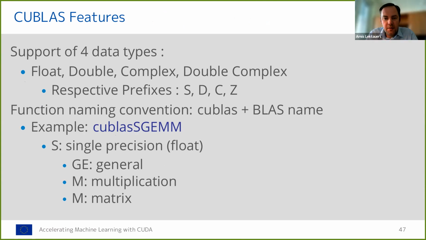A small technical difference is that all cuBLAS functions have the prefix cuBLAS. For example, SGEMM means S for single precision data type, GE means general, and MM means matrix multiplication of matrices.